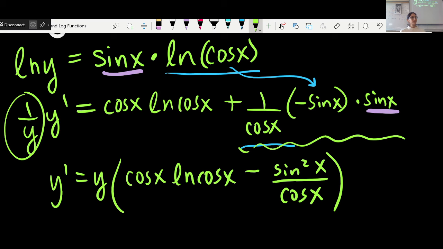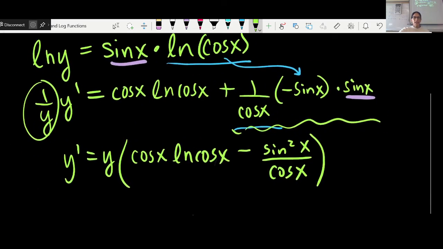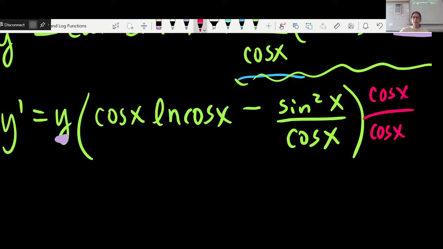So far, so good? Well, there's a couple of things happening here. Maybe we'll leave the y till the end. So we're going to deal with this eventually. But for now, do you see that to simplify this, I could multiply by cos x over cos x, there and there, so I get a common denominator.